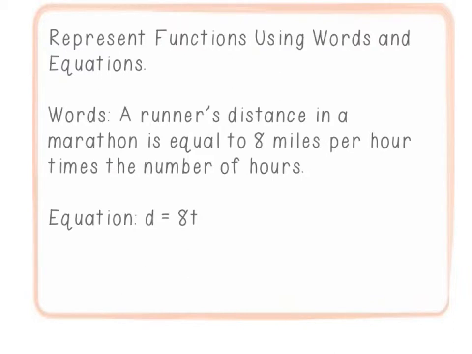So we need to represent functions using words and equations. The words: a runner's distance in a marathon is equal to 8 miles per hour times the number of hours. They're giving us this problem and we need to turn the words into an equation.